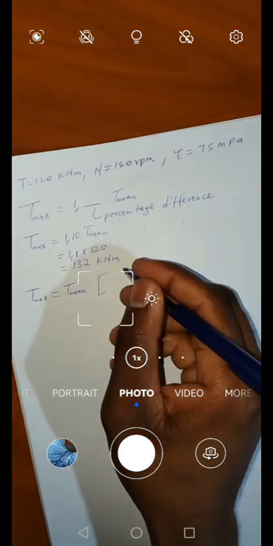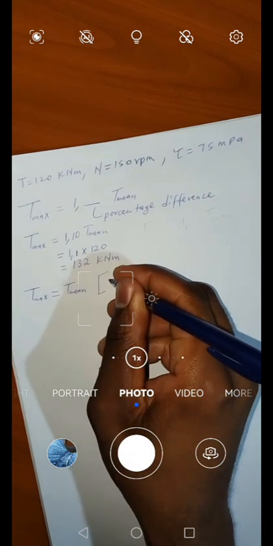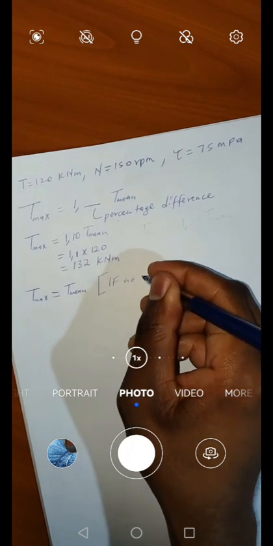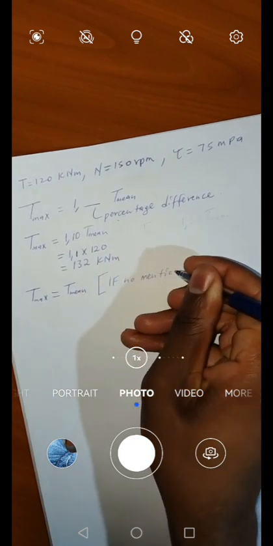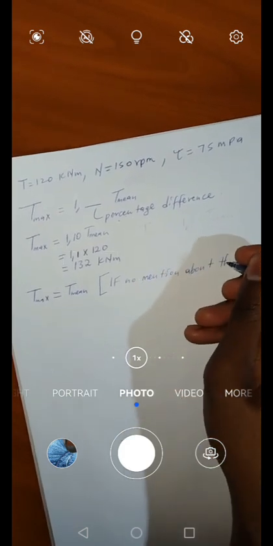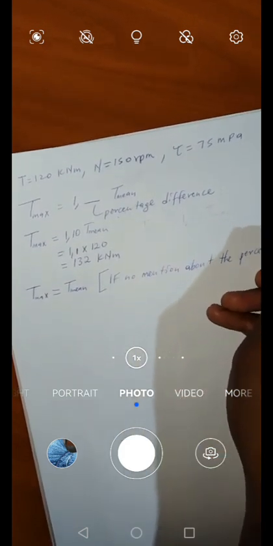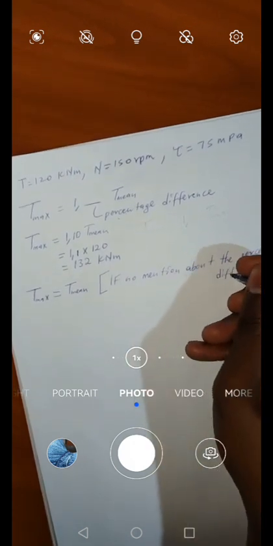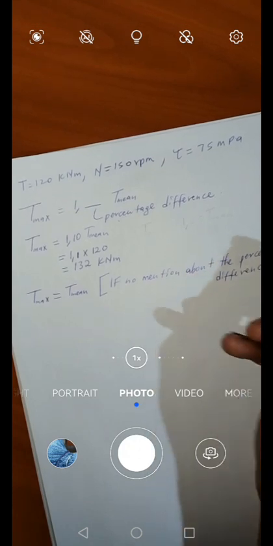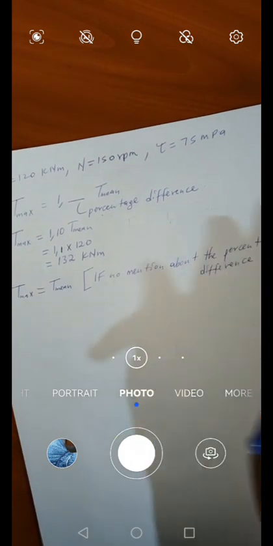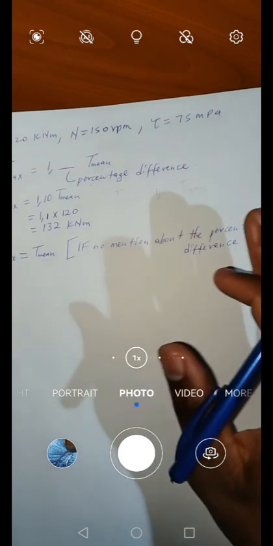That is only if there is no mention of the percentage difference. Normally they will give you the difference in percentage. So if they don't say that they differ, you must assume that they are equal.